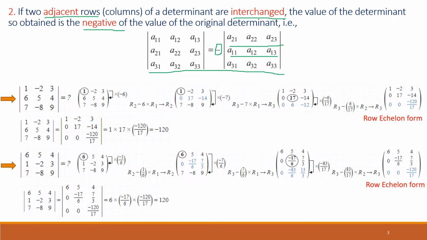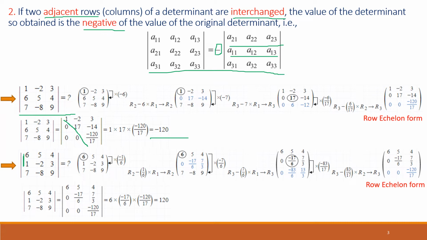Let's try to understand this property with the help of an example. We are going to calculate the determinant of this, and by using row echelon form we will calculate its determinant by multiplying all the values of the diagonal. By doing this, the answer would be minus 120. Now we will interchange row 1 with row 2.